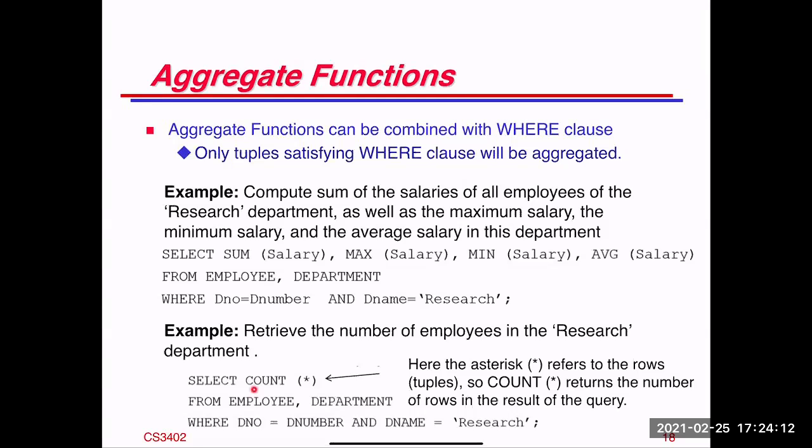So this count will just return the number of rows in the result of the query, which is exactly what we want. And you can see that the condition that we're using here in our where clause, DNO equals dnumber and dname equals research, is exactly the same one as the one used up here, because again, we're only interested in the research department.